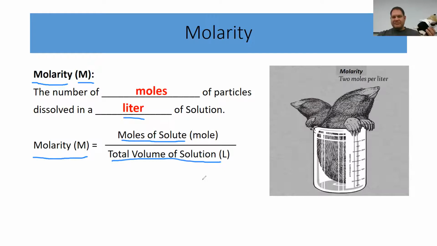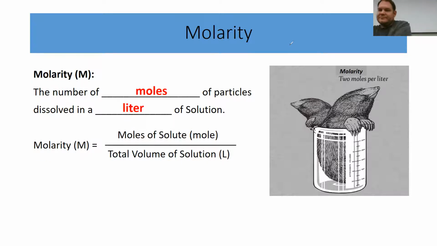So let me demonstrate this. If I have a beaker here, and this beaker is 1,000 milliliters, okay? 1,000 milliliter beaker, hopefully you can see that, which means that this total beaker's volume is 1 liter, okay?